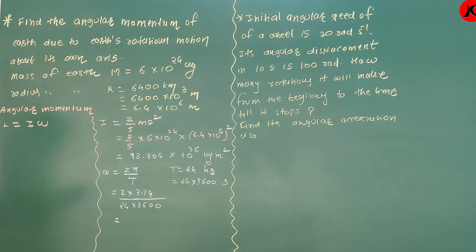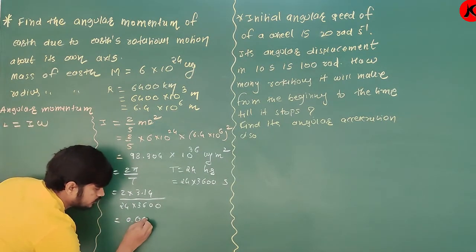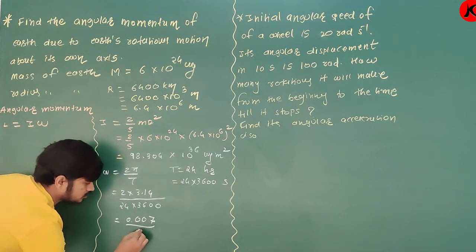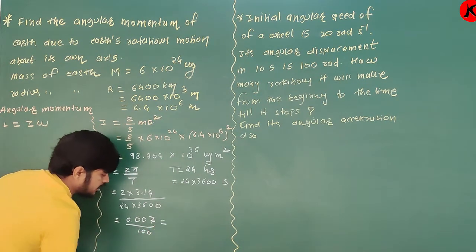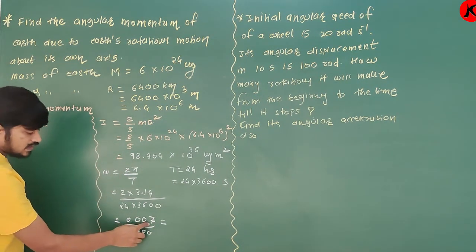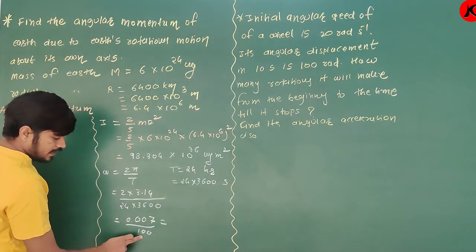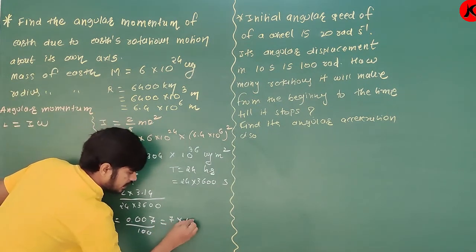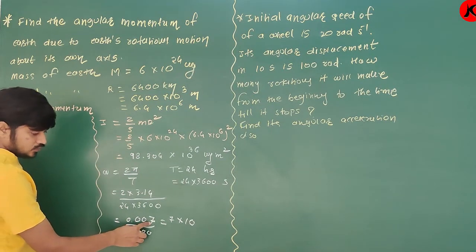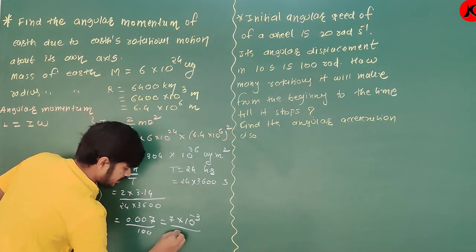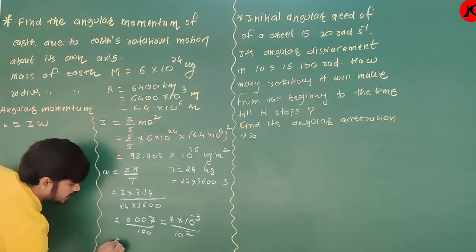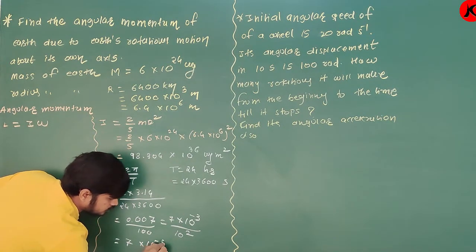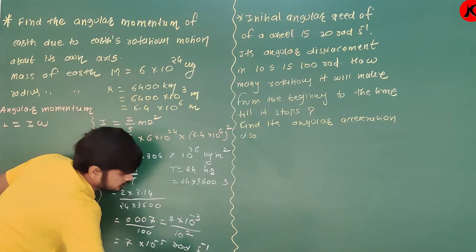So it is 0.262 divided by 36, which is equal to 0.007. So it is 7 into 10 raised to minus 3, divided by this 10 raised to 2. So I can say it is 7 into 10 raised to minus 5 radian per second.